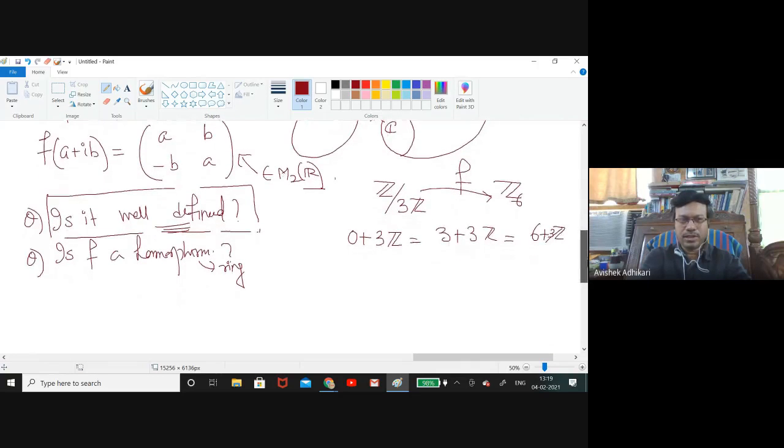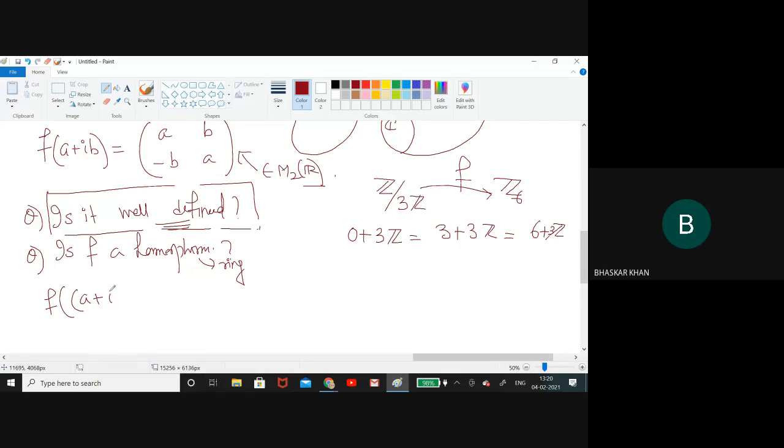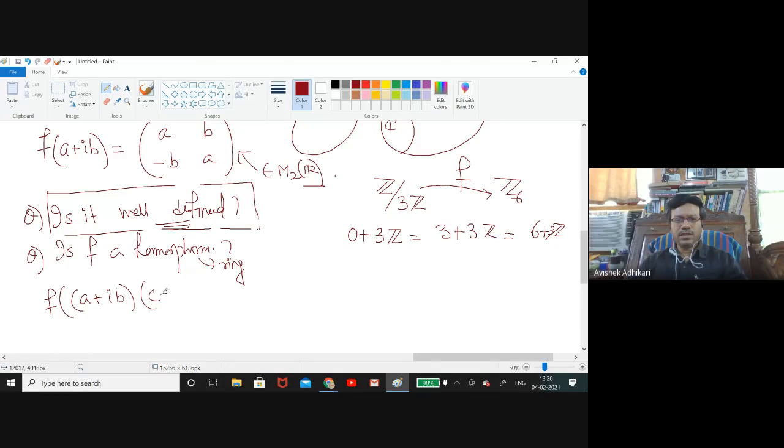Okay, so let's check whether the multiplication is also preserved. With respect to addition, it's a group homomorphism, no doubt. So let us check whether it's a ring homomorphism. You need to check like this. Can you tell me very quickly what this value is? This value is AC minus BD plus i into (AD plus BC).